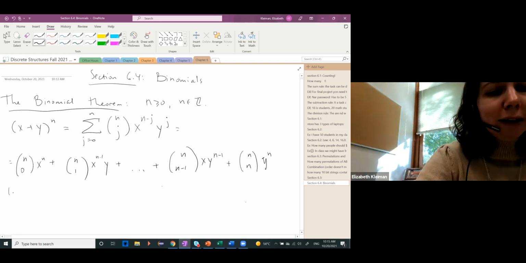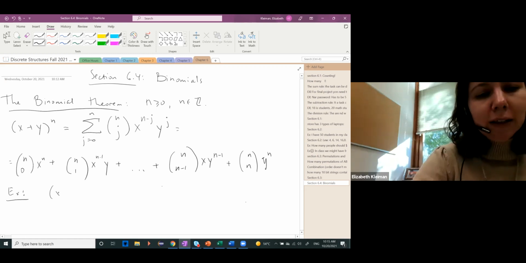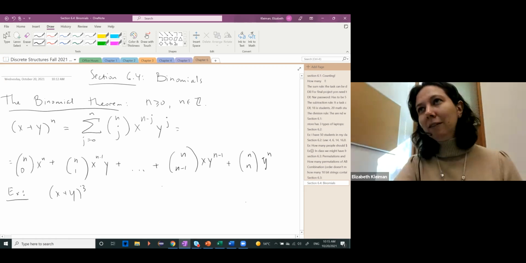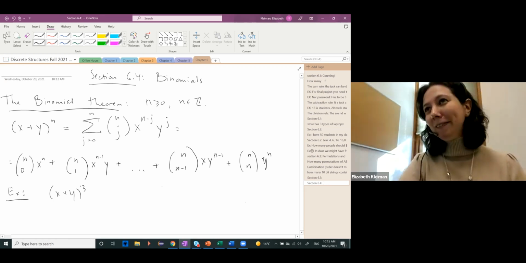So here is an example. I want to find (x plus y) cubed without opening my parentheses.